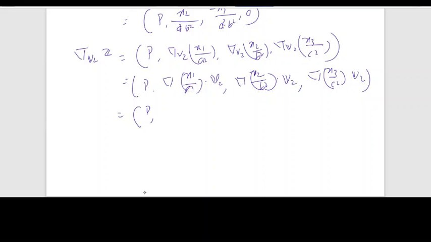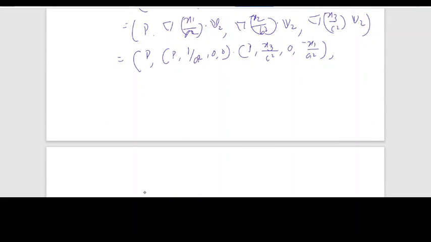What is del x1 by a square? This is p (1 by a square, 0, 0) dot v2, that is p (x3 by c square, 0, minus x1 by a square).